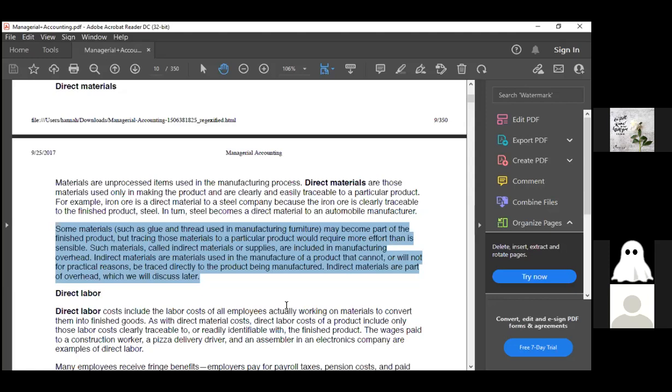Just like glue and thread are used in manufacturing furniture. Let's say somebody is making a sofa with a cloth cover or with a leather cover. They will need glue and thread to make the cover of the furniture or to join the parts, right?